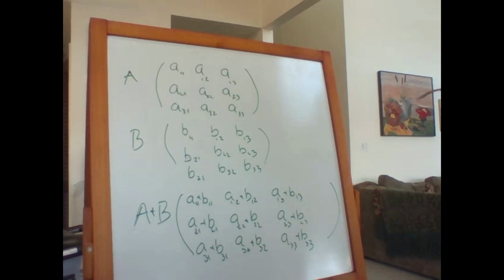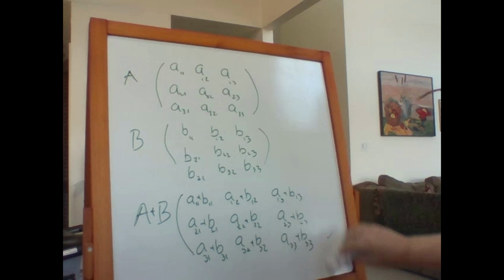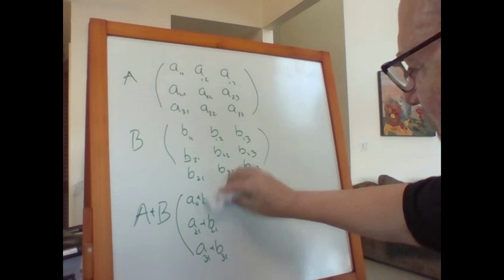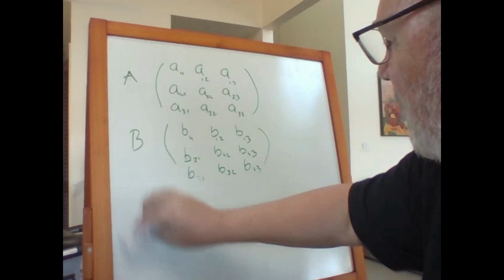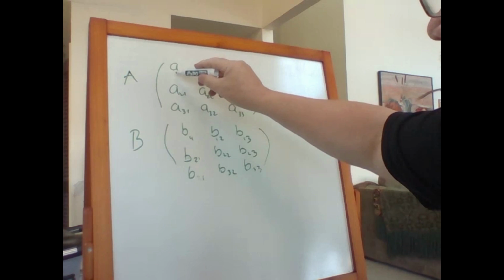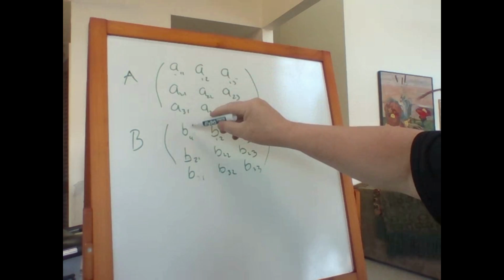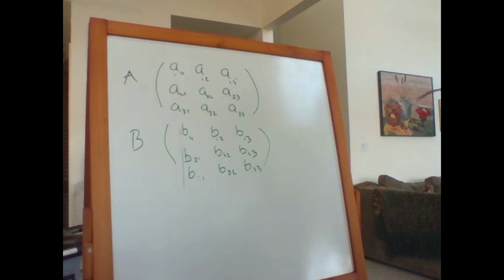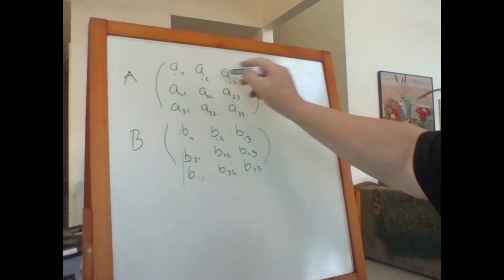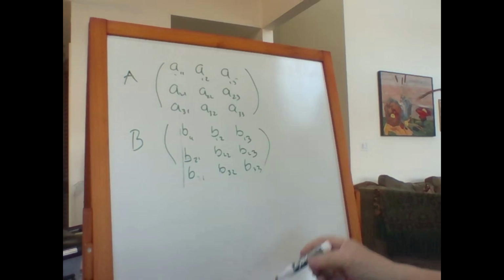Now, the next thing we want to do is multiply matrices. That's a little bit more complicated. We take the first row and multiply it by the first column to get the first position. So we go 1, 2, 3 for the first three positions across.